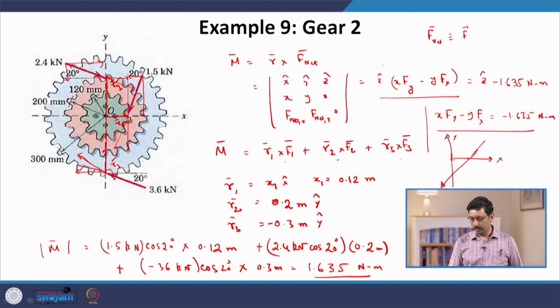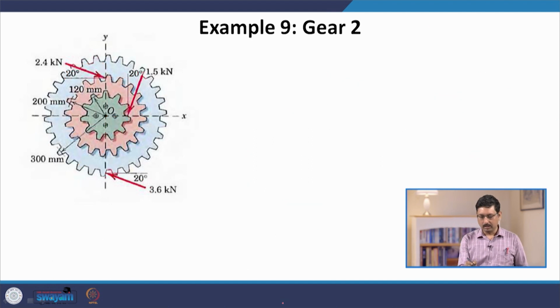Then we need to determine the position of this point where it intersects the x axis and the position of this point where it intersects the y axis. So this is the direction of the force. This is the x intercept.